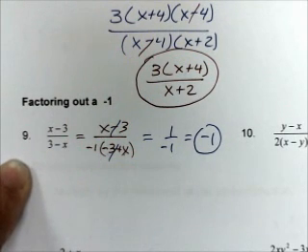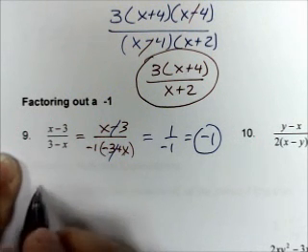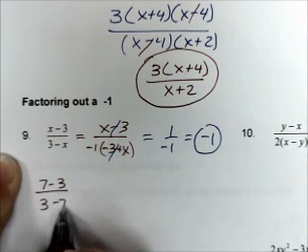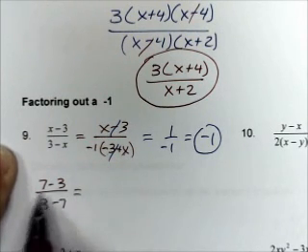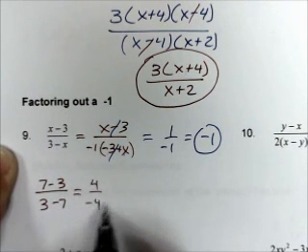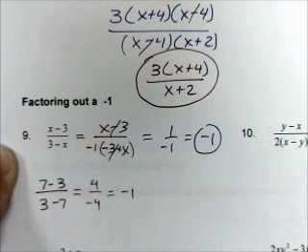Another way of looking at it is pick any number, say 7. If I replace x with 7, 7 minus 3 divided by 3 minus 7. What does that result? 7 minus 3 is 4. 3 minus 7 is -4. Well, that reduces to -1. Okay.